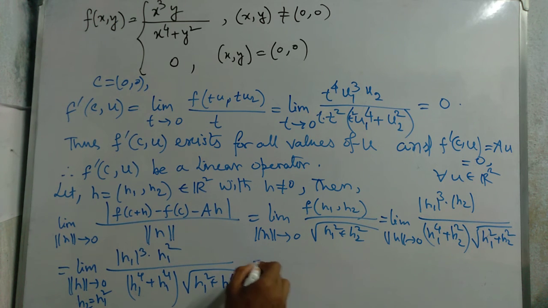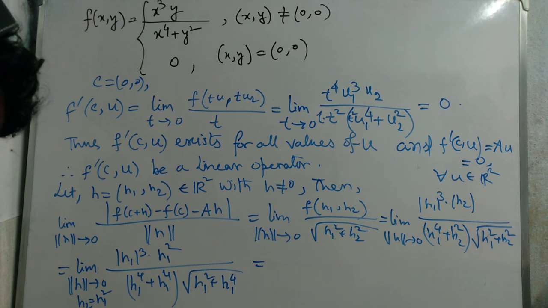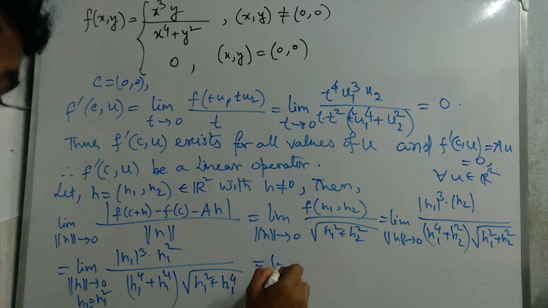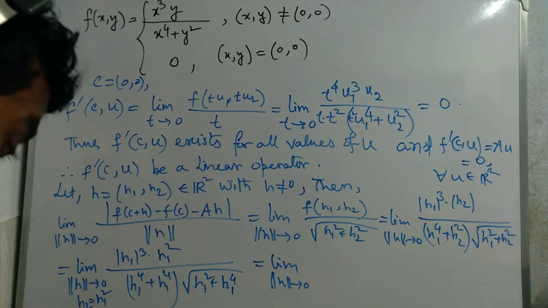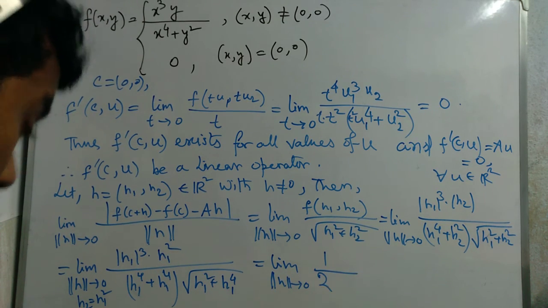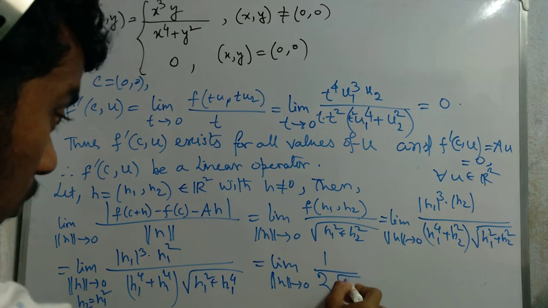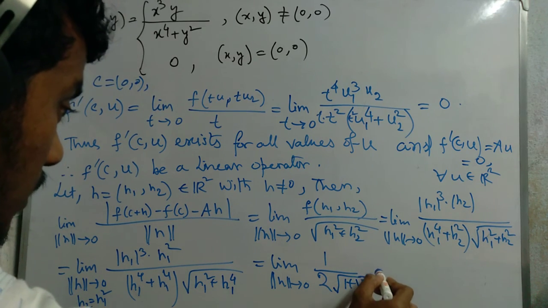Then what happened? Then the limit as norm h tends to 0 of, above is 1, below is 2, square root of 1 plus h1 squared.